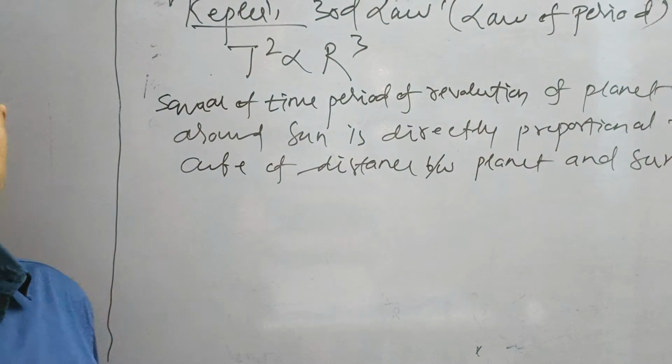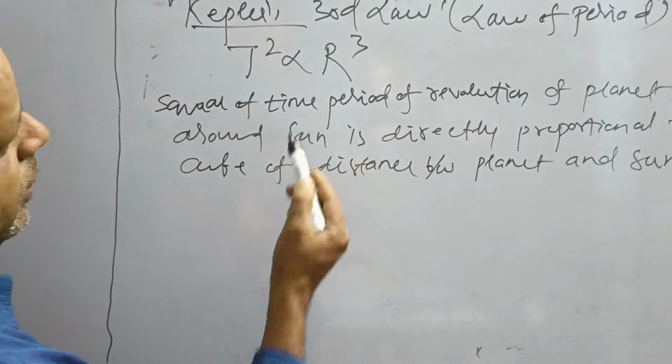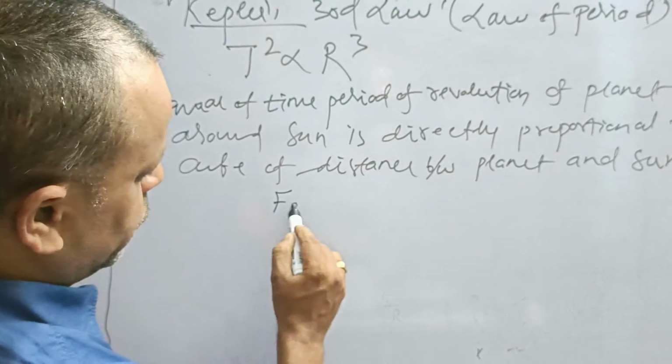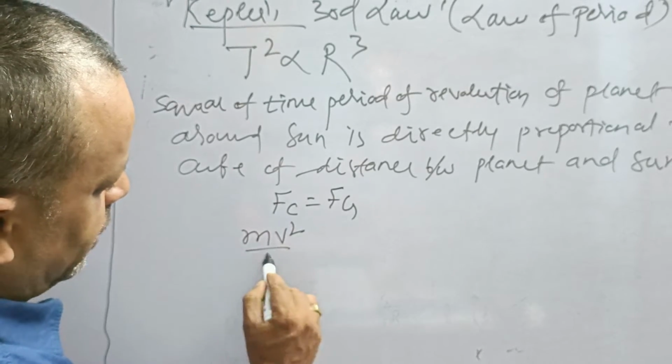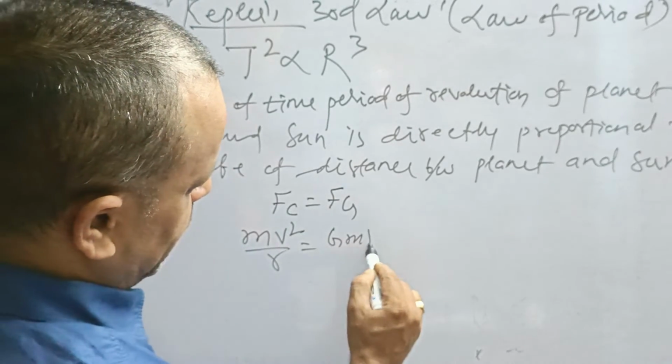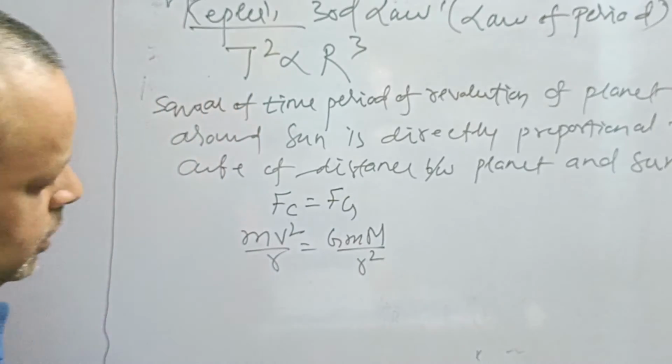How come? We know that centripetal force is equal to gravitational force. Centripetal force is mv squared by r, and this is GMm upon r squared.